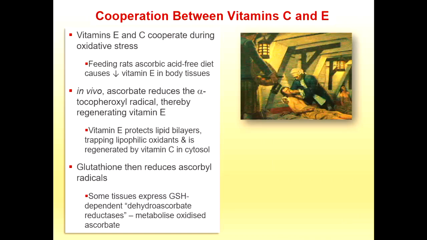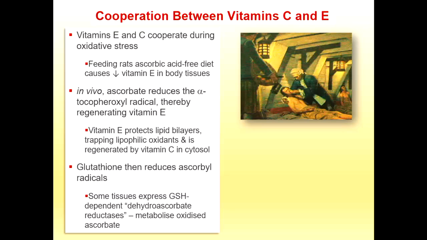Okay, now one of the interesting things that was found quite early on in the study of the biological properties of vitamin C was that if you tried to reproduce that scurvy condition in animals by starving them, in guinea pigs, I think, they can't make their own, but you can also induce it in rats to some degree by feeding them an ascorbate deficient diet.